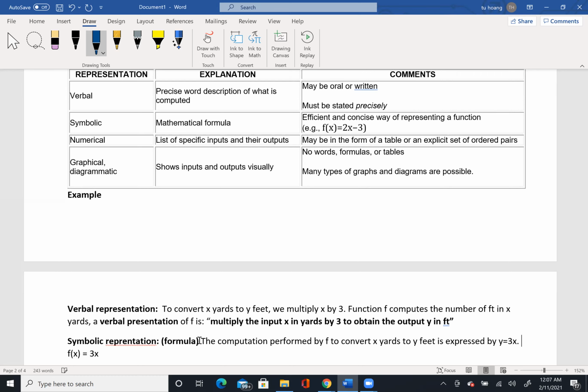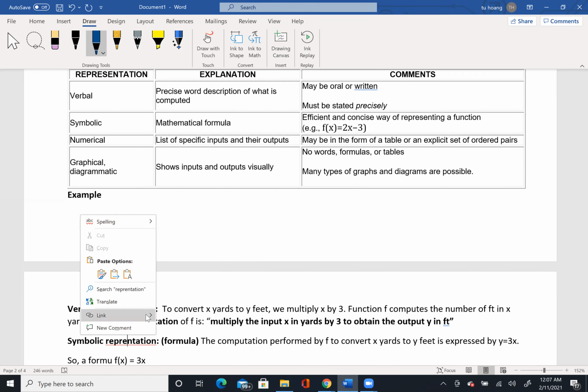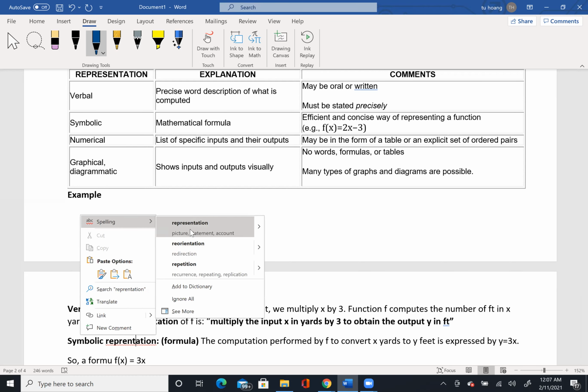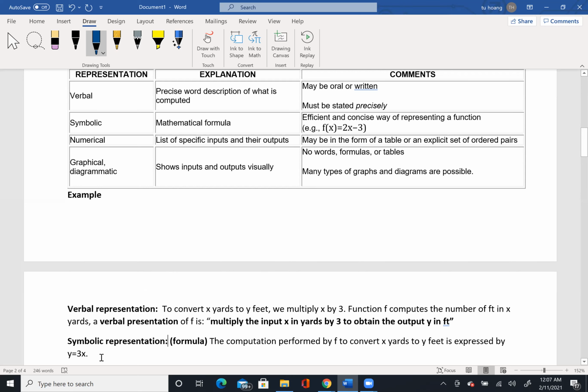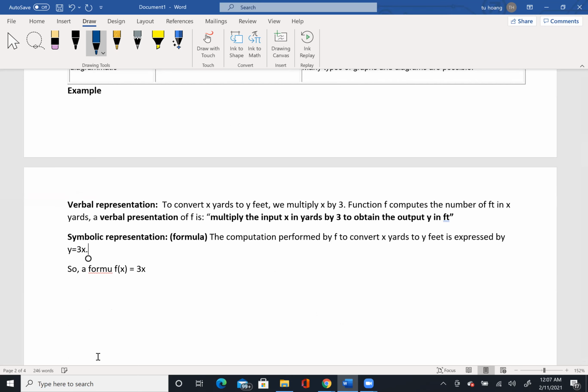So a formula representation, a formula. So a formula for f is f(x) equal to 3x.